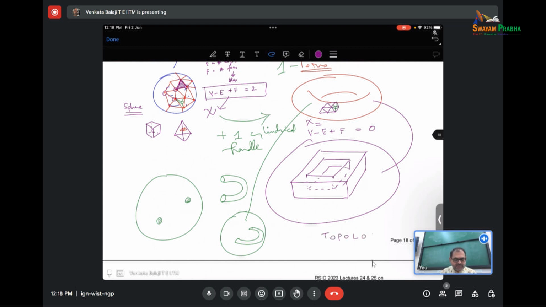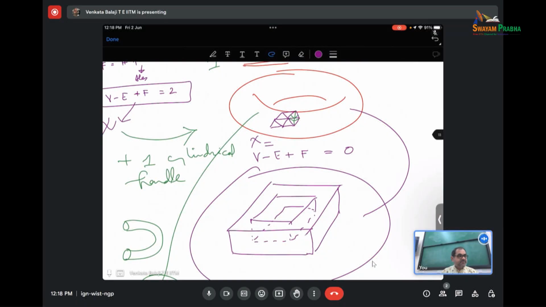The idea of topology is that two objects are topologically the same if you can deform one object to the other continuously. Deforming continuously means you must think of the object as being made of some stretchable stuff.